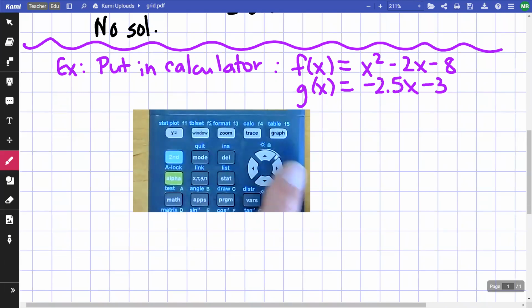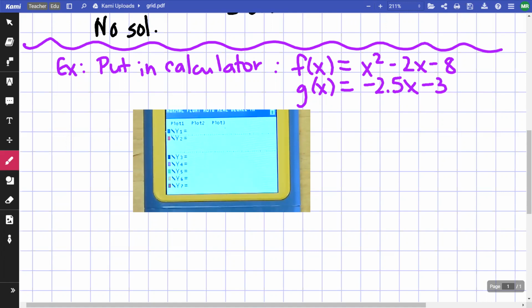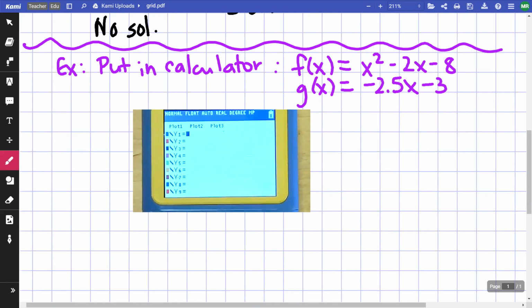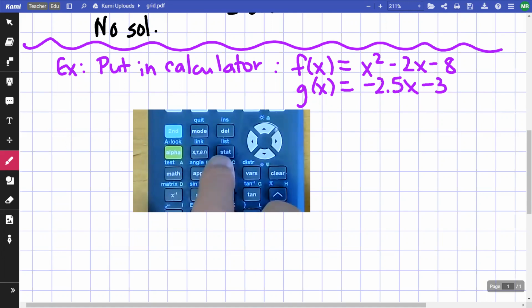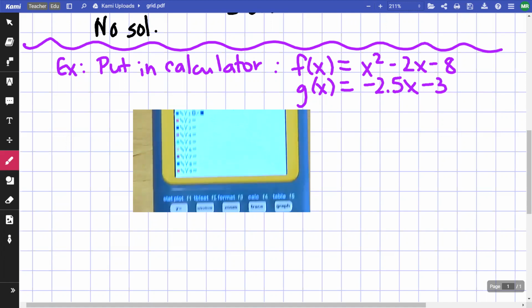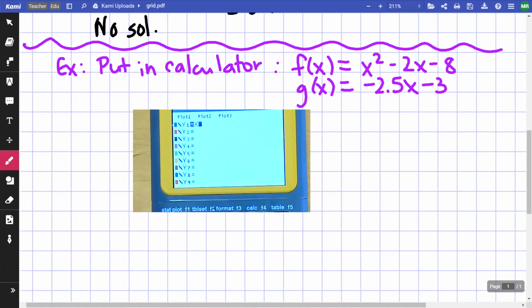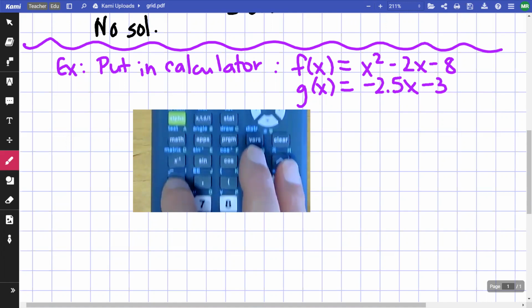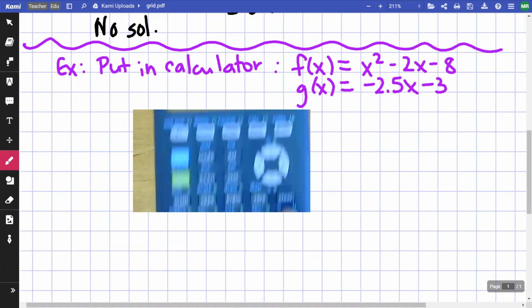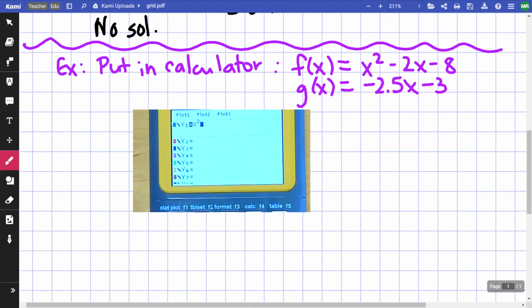Okay, so you press the y equal. It gives you this. And we're going to enter in our equations. And so to get your x, you come here to this x. You don't press the alpha. You just press this x. And you're going to go x squared. And the x squared button one more time is right here. Okay. And then you're going to type in minus 2x minus 8.